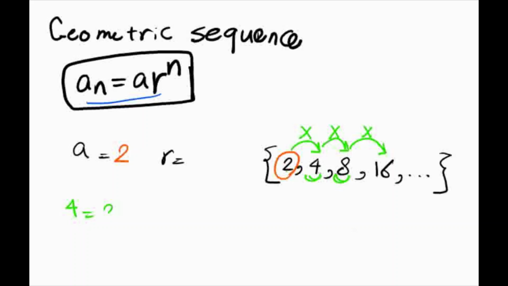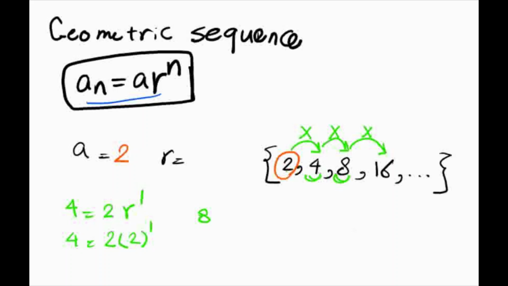And our A is 2. What number to the power of 1 is going to make this formula correct? And as you can see, our R has to be 2 for this formula to be correct. So 4 is equal to 2 multiplied by 2 to the power of 1, and it's going to give us 4.